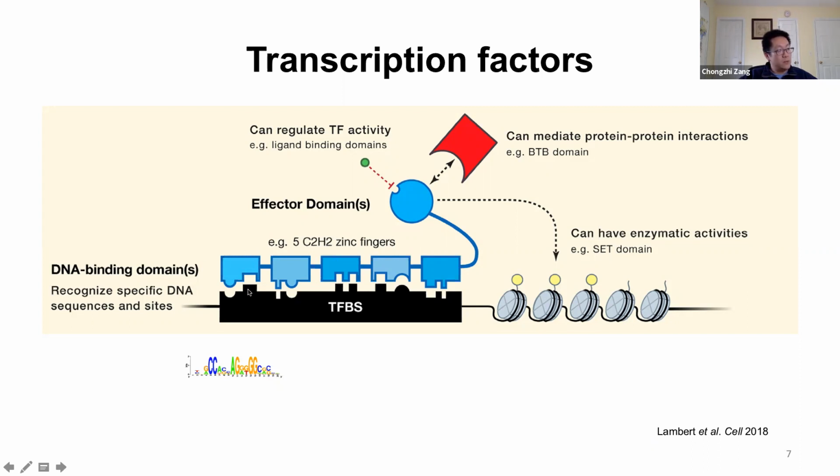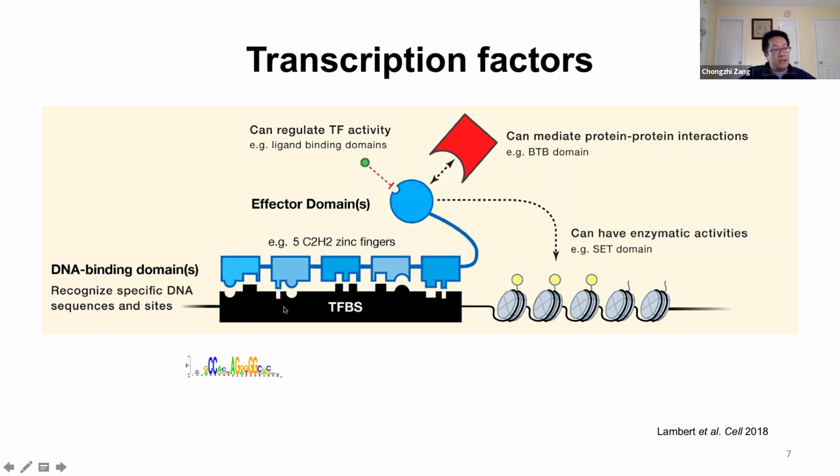One of the most important functional domains in the transcription factor is the DNA binding domain, the part of the protein that can directly recognize specific DNA sequences, so that it can recognize and directly interact or bind at certain regions in the genomic DNA.